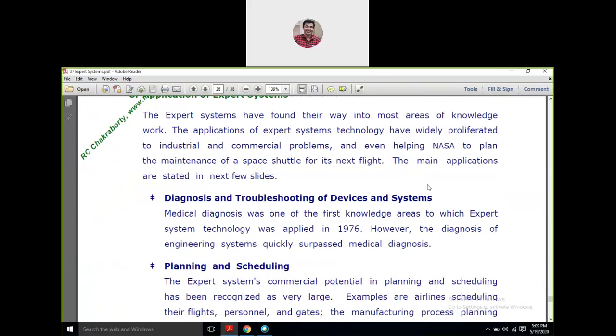Let us see the applications. This is very simple. The expert systems applications are like diagnosis and troubleshooting of devices and systems. Mostly they are used for diagnosis and troubleshooting, and also for querying over a particular module or topic, like LUNAR or baseball.